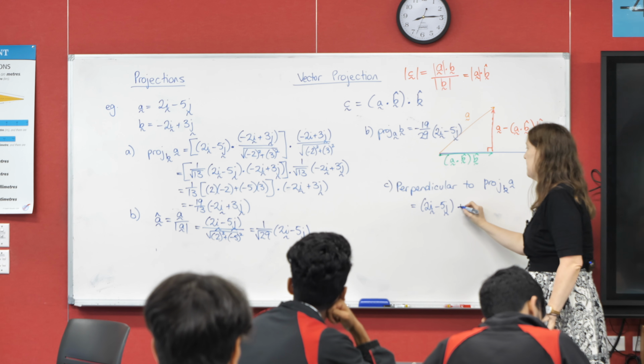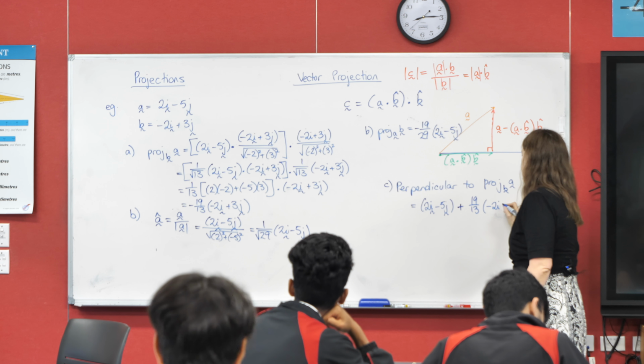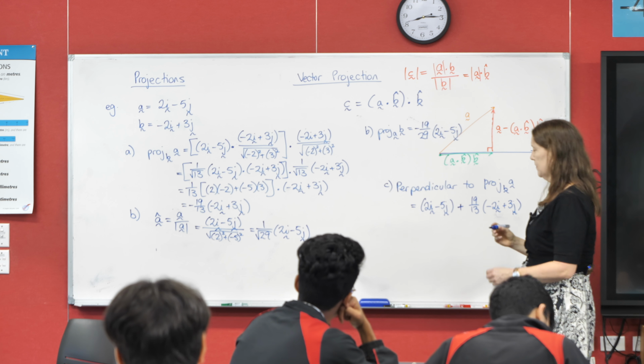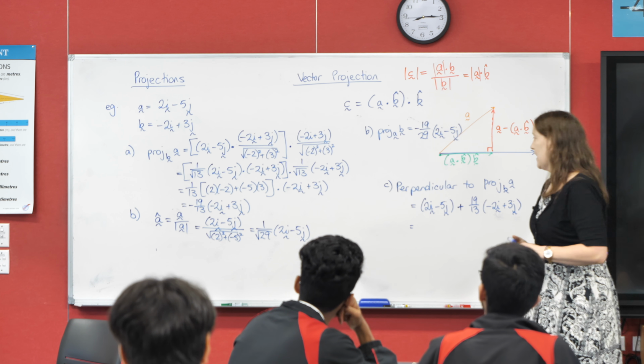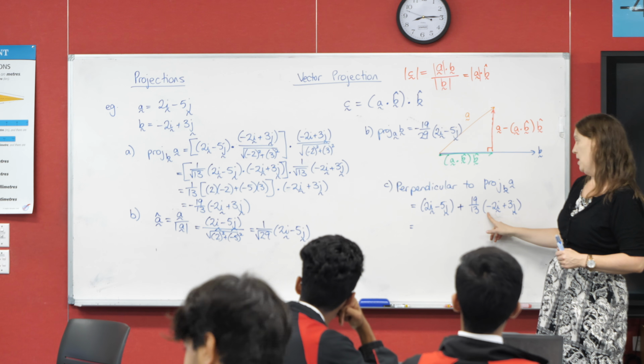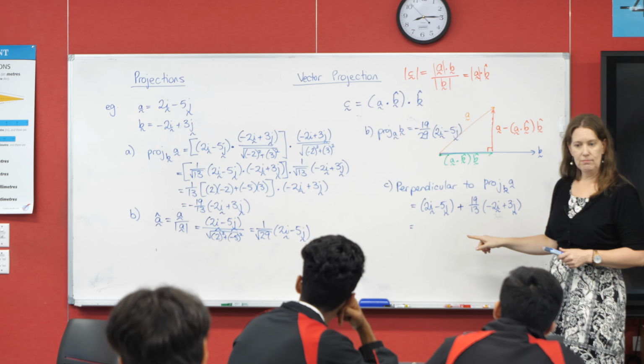So that minus becomes a plus. Working that through, I've got 2i's plus minus 38 over 13.